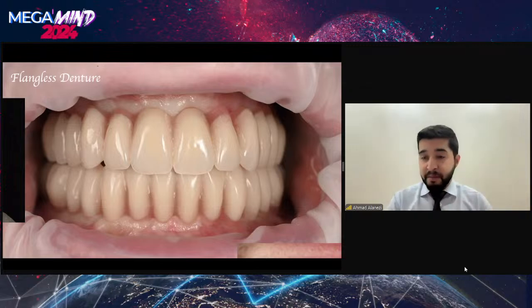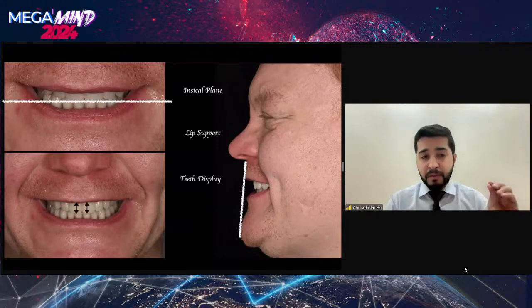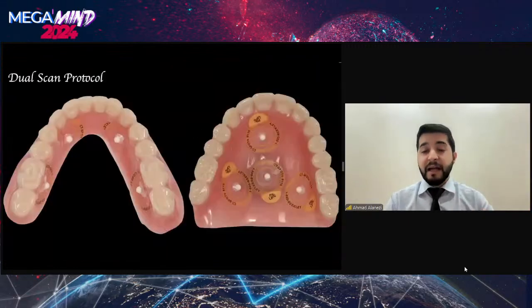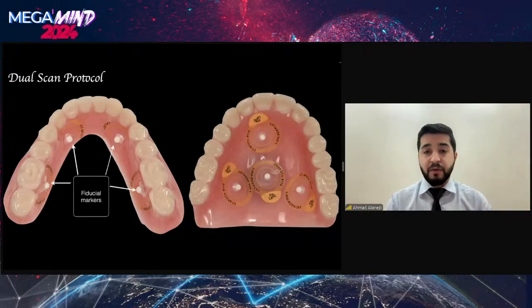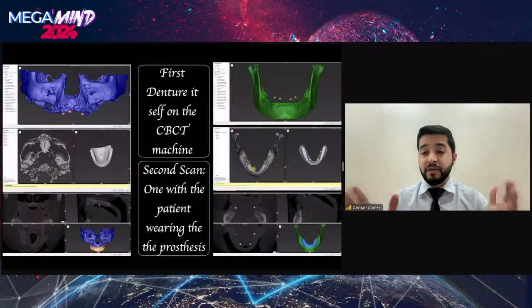And once we are happy with this, we can take those dentures and put them in a dual scan protocol, as discussed earlier by our previous colleague. We need to put the fiducial markers in our dentures and perform 2 sets of scans. As the name suggests, it's a dual scan protocol. The first scan will be the denture itself. The second scan will be the patient wearing the denture.